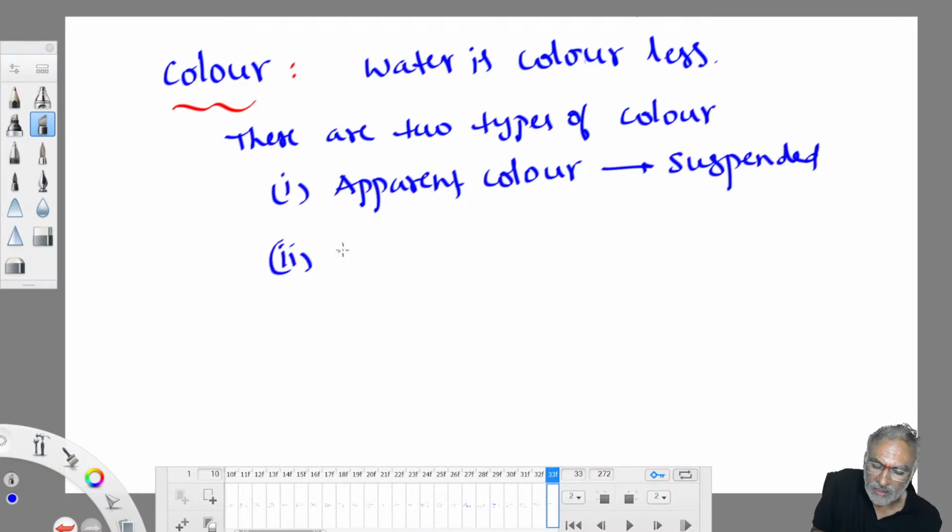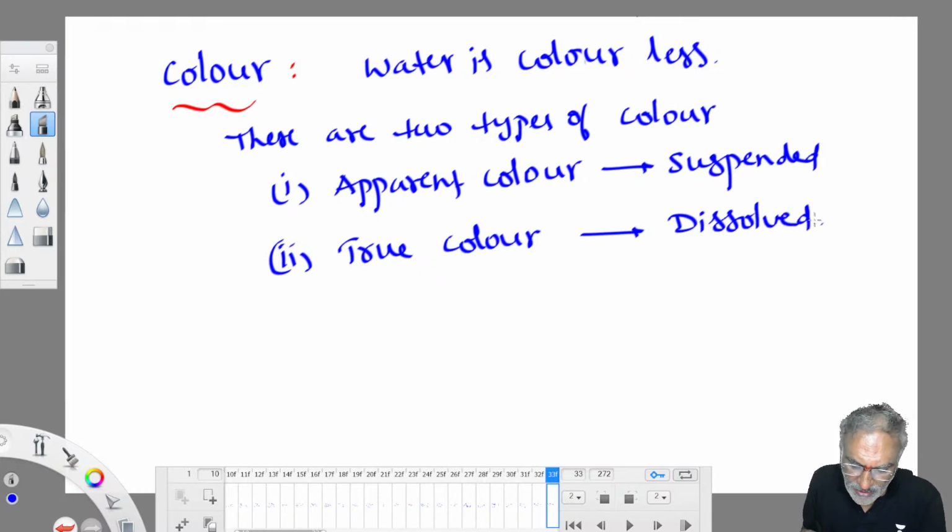And the second one is true color. True color is caused by dissolved impurities or dissolved particles. Apparent color is false color. It pretends to be color, but it is not a color in water. Apparent color means false color.